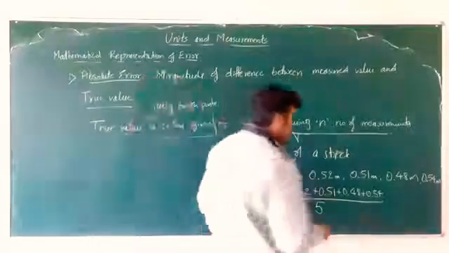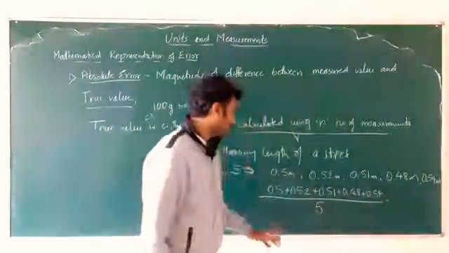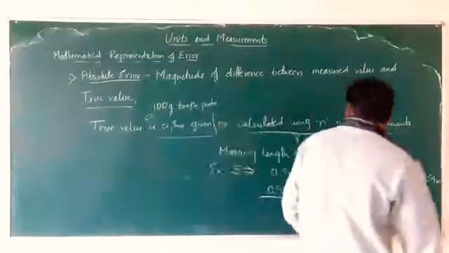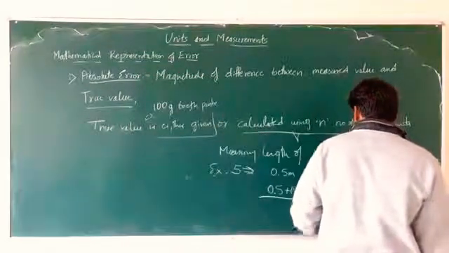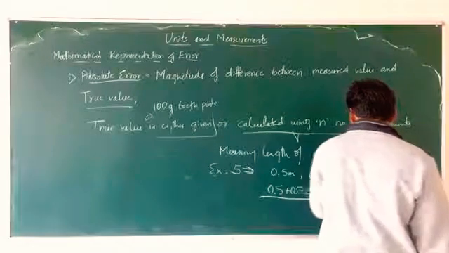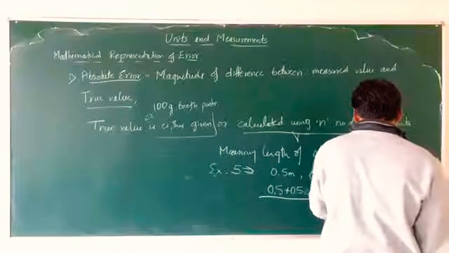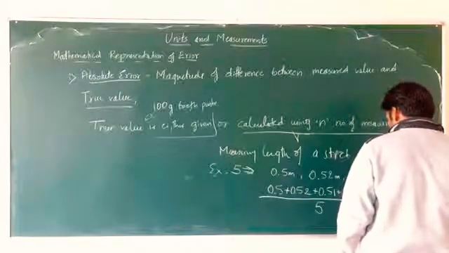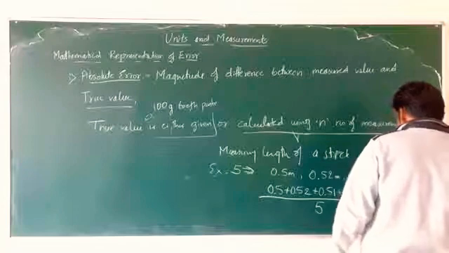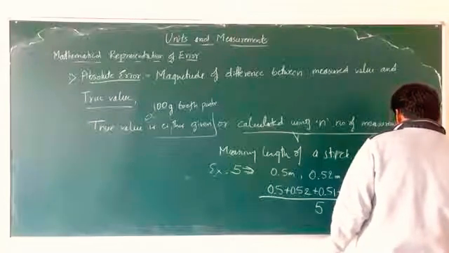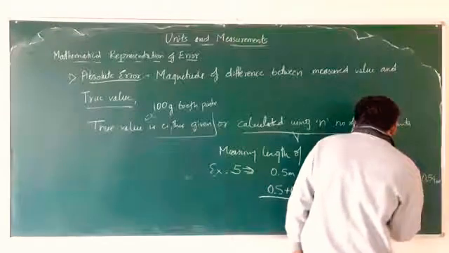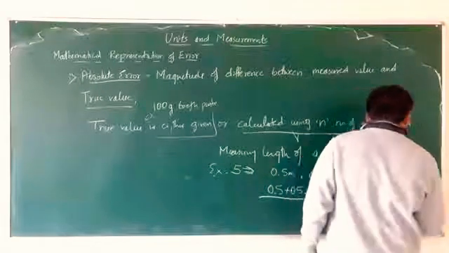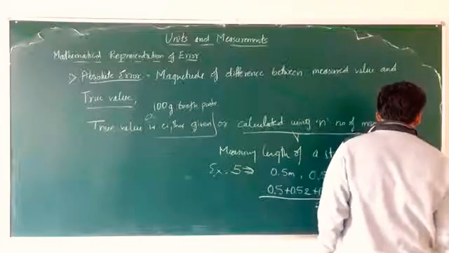Okay. So if you add all of them, you will get a certain sum, and the sum is 2.55. 2.55 by 5 is going to be 0.51.